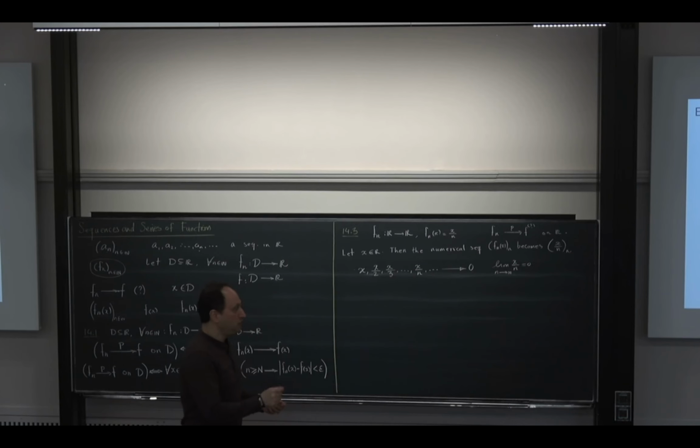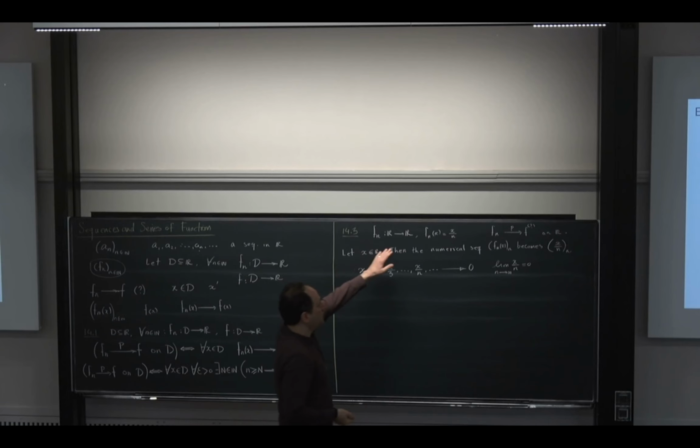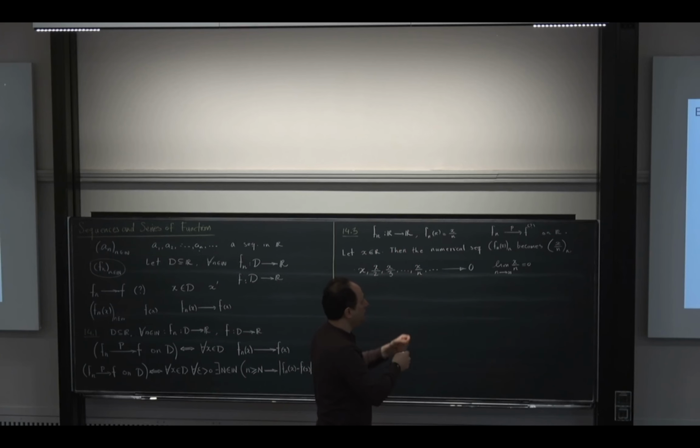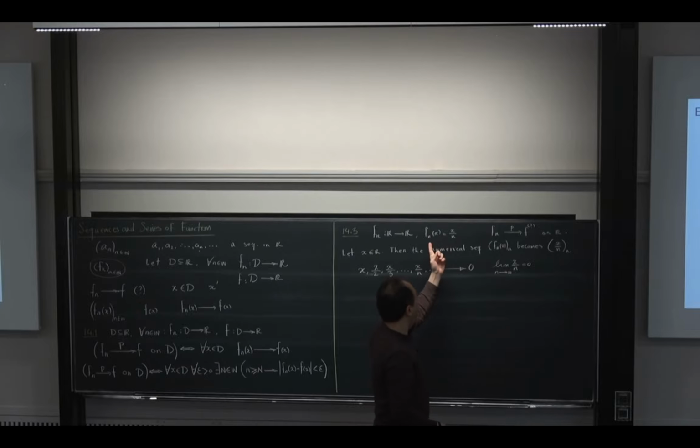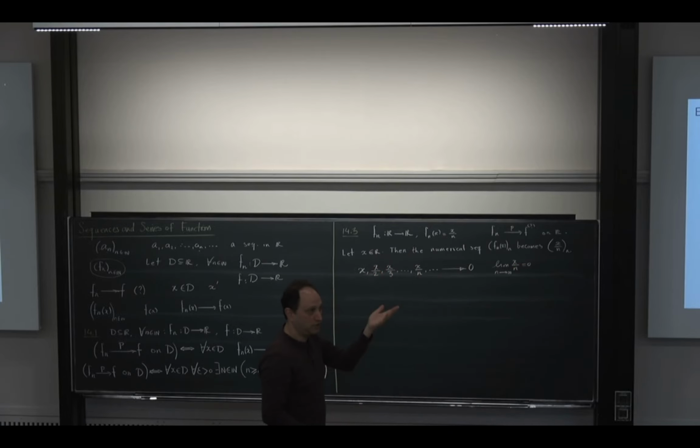So this sequence of functions is converging pointwise. For every point, you converge to 0. But you cannot say that 0 is the limit, because the limit should also be a function. That is a function whose value is always 0 regardless of what you choose for x. What is the name of that function?